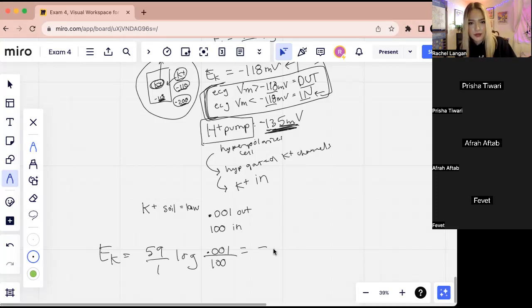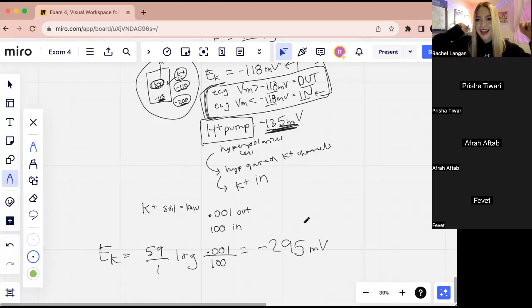Okay, now it's negative 295. Anyone else get that? Yep. Yay! Cool. All right, what does this number mean? We've changed the ECG, right?